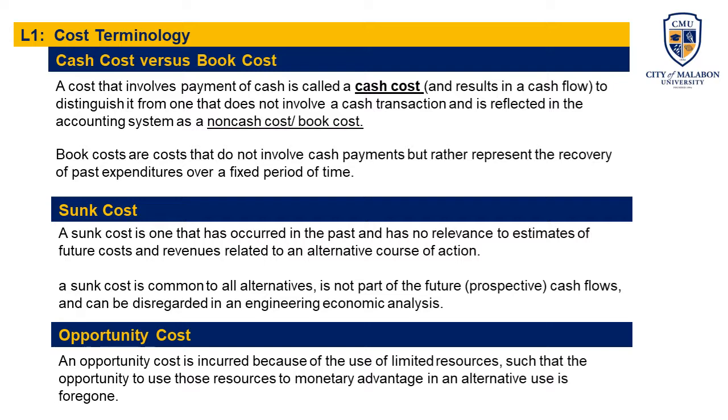It's not part of the future cash flows and can be disregarded in an engineering economic analysis. For example, sunk costs are non-refundable cash outlays, such as earnest money on a house or money spent on a passport. Those are examples of sunk cost.